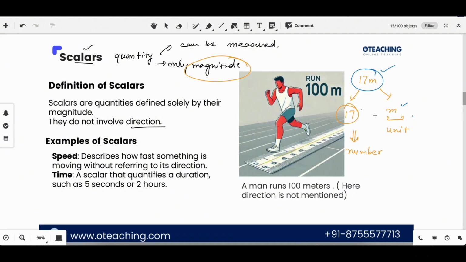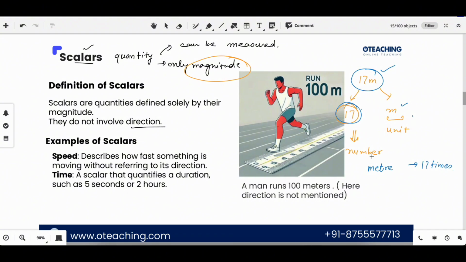17 meter is the magnitude. Now, when I talk about the number here, what does this number refer to? This number simply tells me how many times I have to repeat the meter, 17 times, to get the magnitude of that quantity.